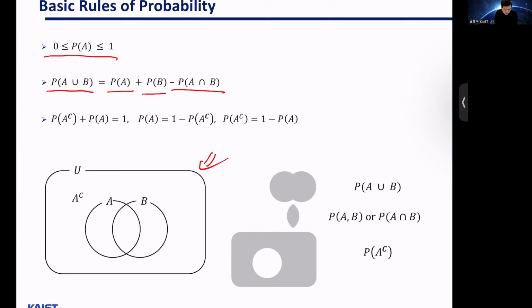The probability of the complement of set A plus the probability of set A equals 1. And we can also get these equations from equation manipulation.